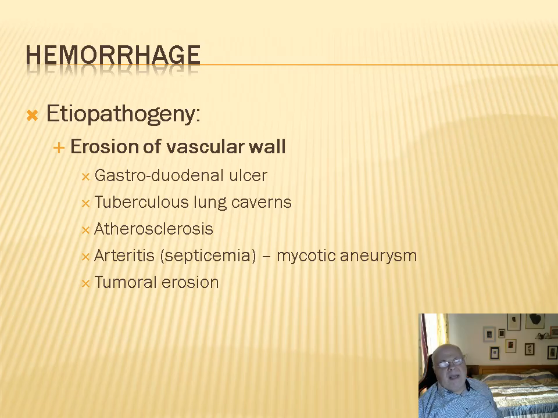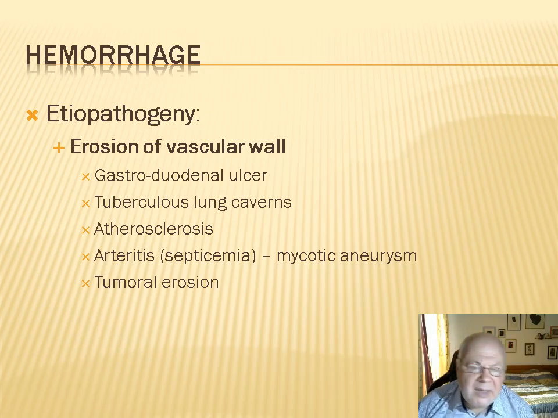This mycotic aneurysm is appearing as a complication for septicemia, meaning circulation of bacteria in the blood, and this bacteria will infect the wall of the artery, focally destroying a few muscular cells, and as a result, the appearance of aneurysm.